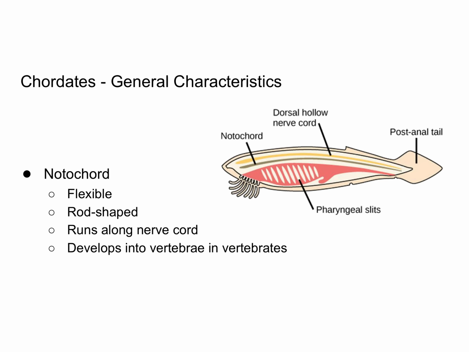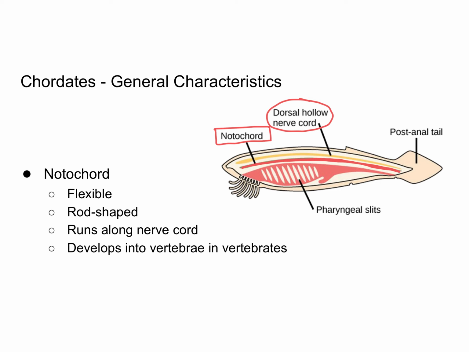So let's start by taking a closer look at the notochord, as you can see here on this picture. A notochord is a flexible rod-shaped structure that runs along the back or the dorsal part of the organism. You can see that it's running kind of parallel to this dorsal hollow nerve cord, which we'll talk about on the next slide.